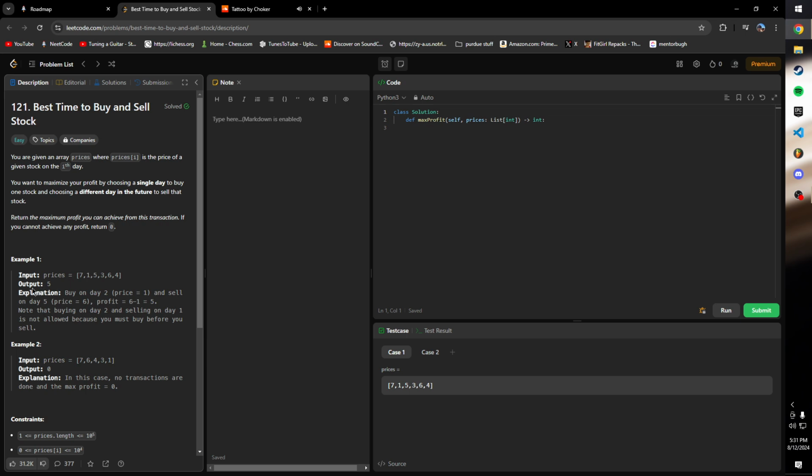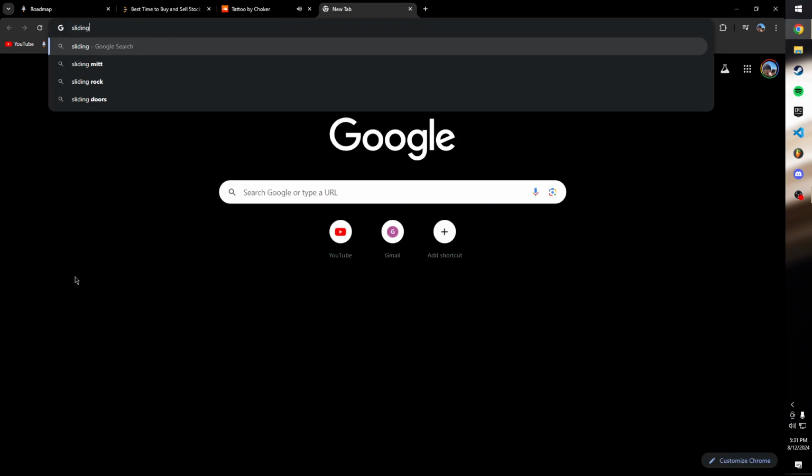The maximum profit. Let me search up what sliding windows are.